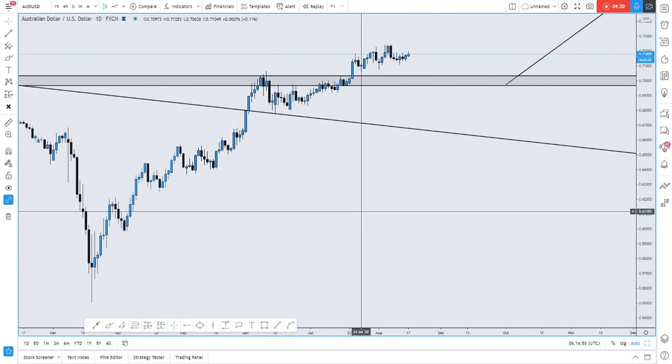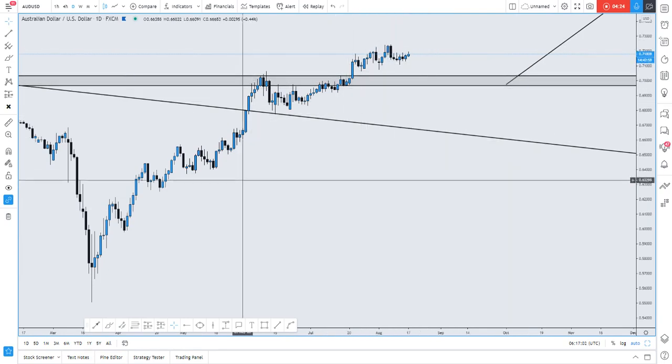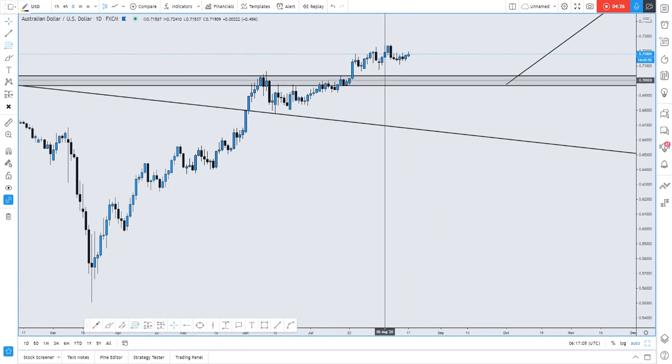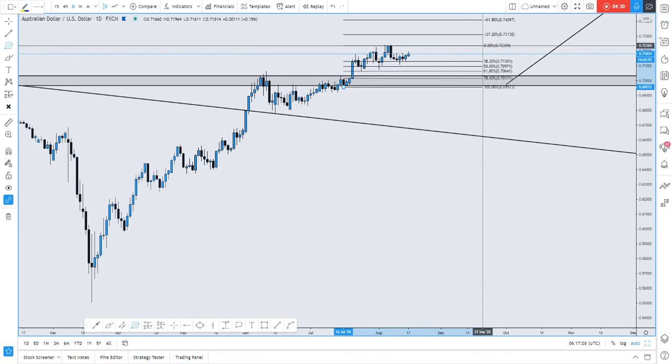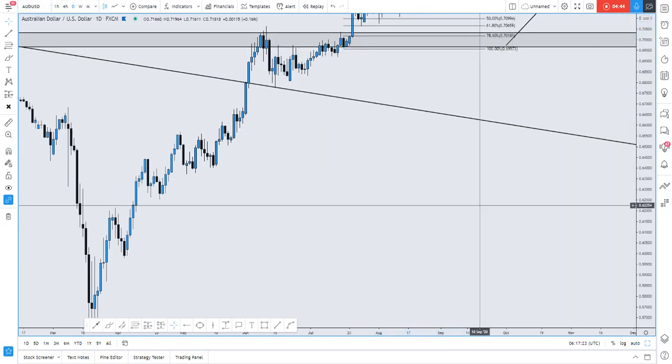Price is yet to come back to this level, and this is the swing low of this projection here. This is the swing low, and this is the swing high. So price has not really come back to the 61.8 fib level. So we expect price to actually come back to the 61.8 fib level, or the 78.6 level.